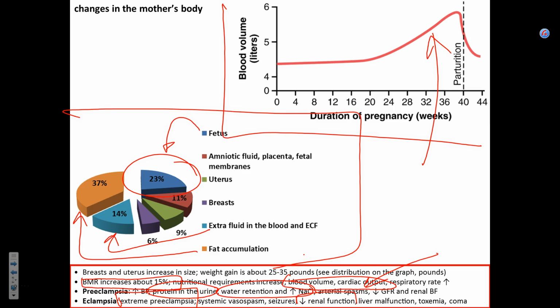But that's kind of an extreme thing. So that's really, really small fetuses. Okay. Does that make sense? So you need to know the basic idea of preeclampsia, elevated blood pressure, kidney damage, decreased GFR, and eclampsia as being an extreme version that leads to toxemia.